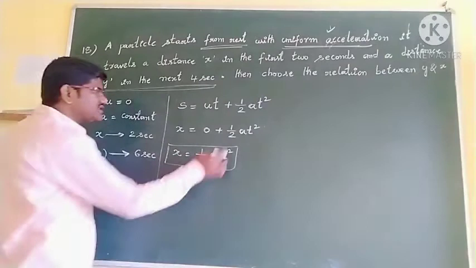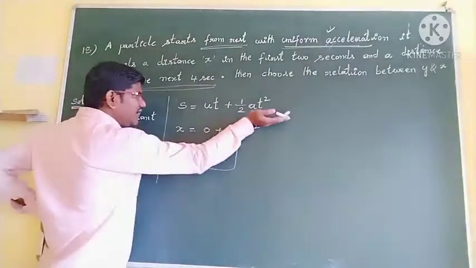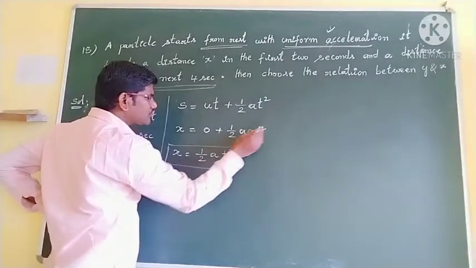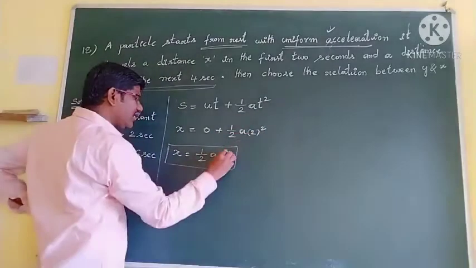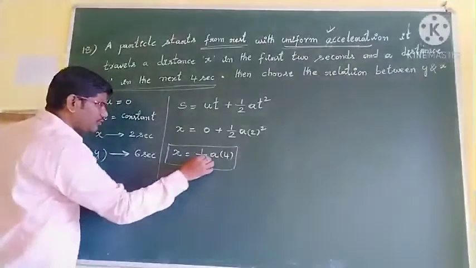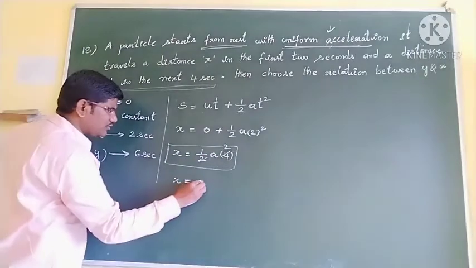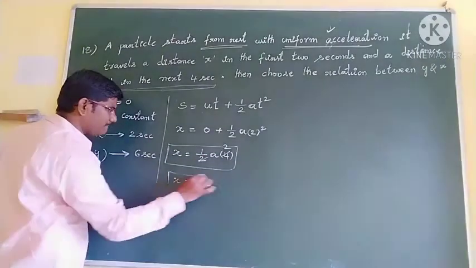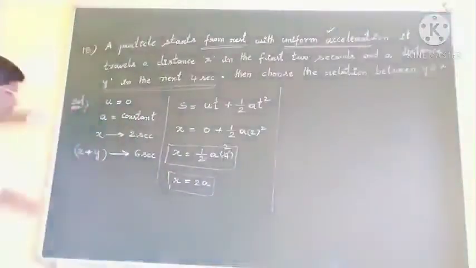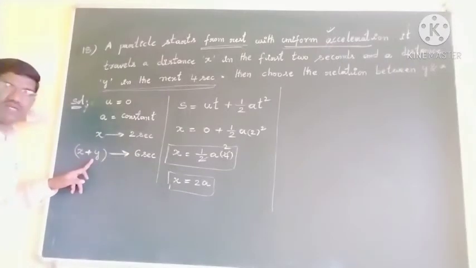Okay, x is the displacement for 2 seconds, so we have to write here 2 square. Then 2 square value will become 4, then x is equal to, cutting with 2, 2 into a. This is the value we got. Similarly, y is the displacement. So x plus y is the total displacement.